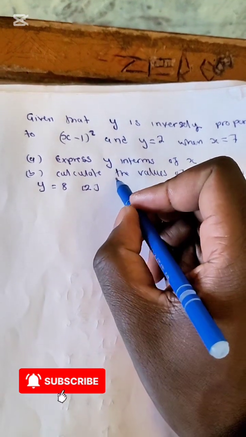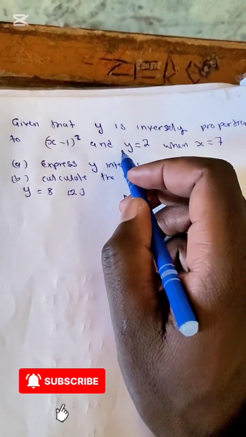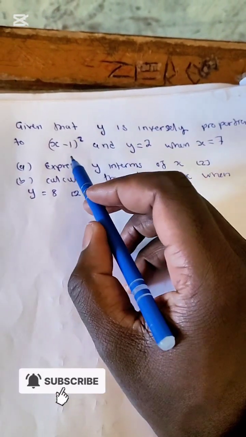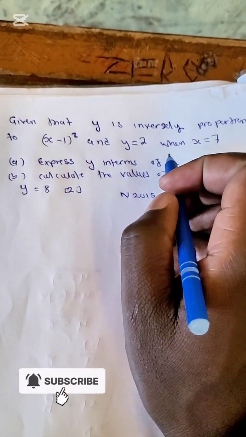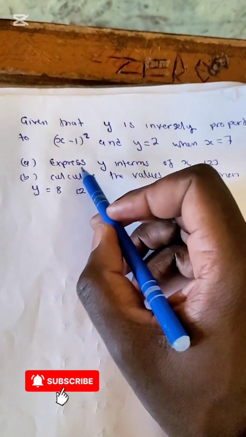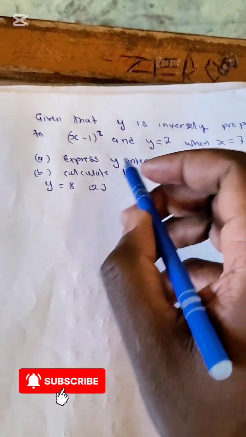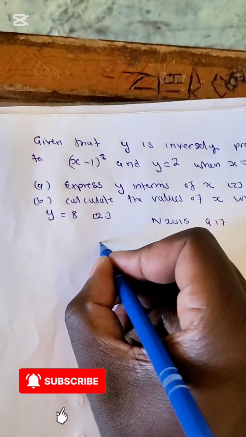Right, we are still on inverse variation. Given that y is inversely proportional to x minus 1 squared and y is equal to 2 when x is equal to 7, express y in terms of x. Nothing difficult here.